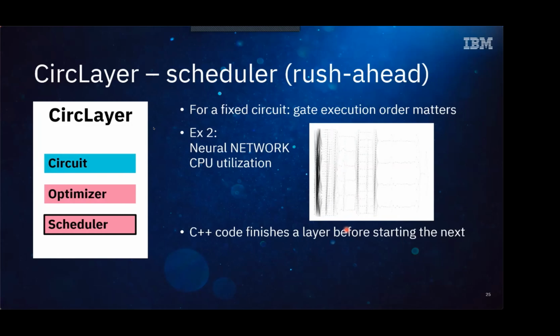Usually, when people write C++ code, they write it in a loop where they execute one layer, and after a layer has finished executing, they move on to the next layer. So with the rush ahead strategy, you don't have to wait for a layer to finish. If there are idle CPUs and there are gates on the next layer that are ready to be executed, then the scheduler can go ahead and start executing them.